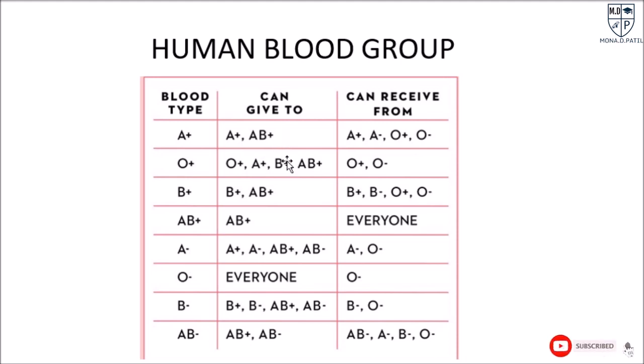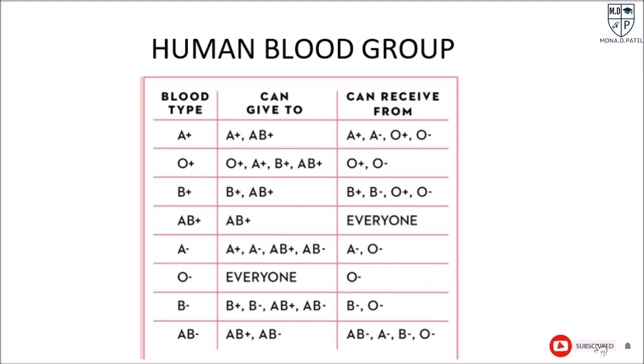Here this table shows which blood group is matched to which other blood groups, who can give and who can receive from. So like this, the table has given. Here it is only important for you in this standard to know the blood groups. So there are 8 blood groups.